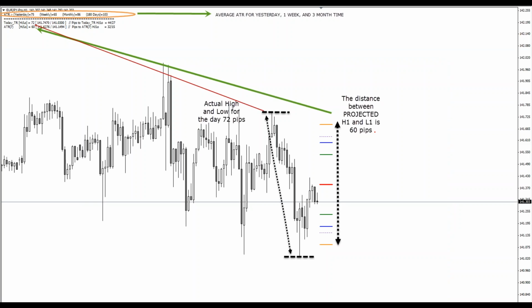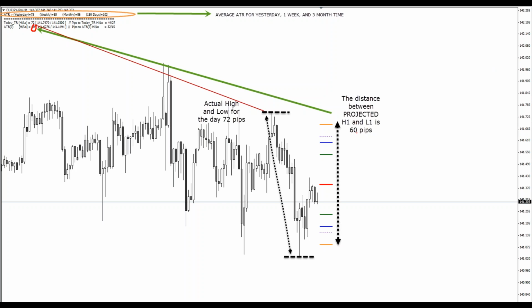So this is the distance between projected H1 and L1. If it says 60 pips, okay, see, H1, L1, 60 pips, and it will say here 60 pips. The actual high and low for the day is 72 pips. It means that the price already overshot these projection levels.